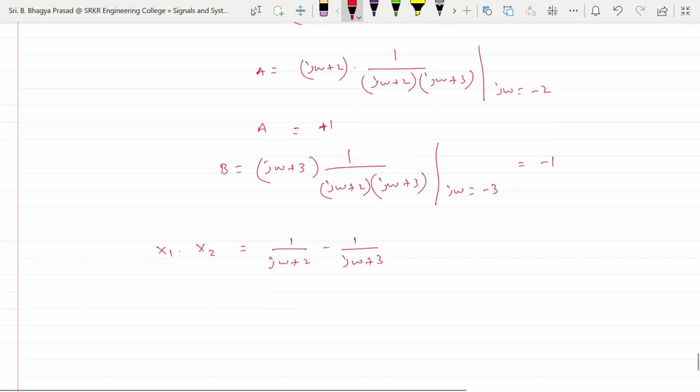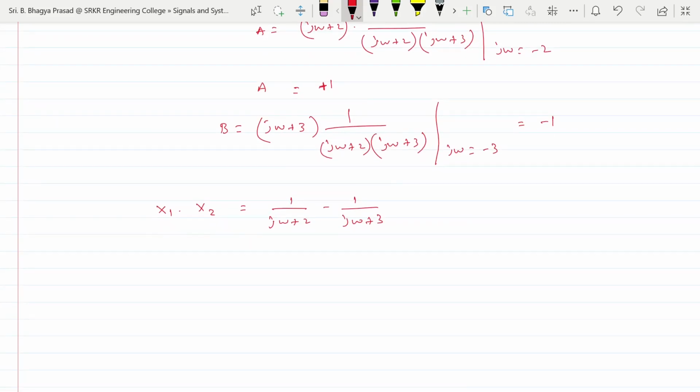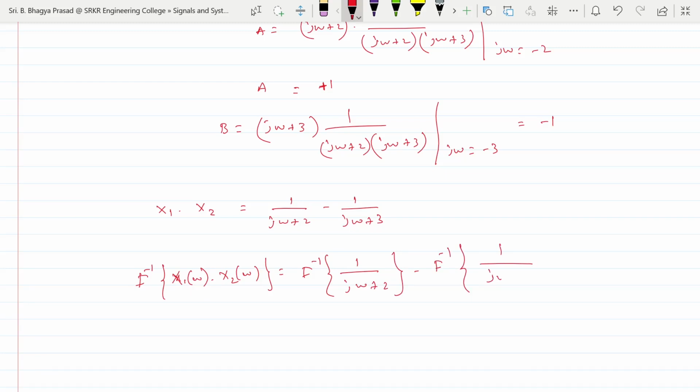Now for getting the time domain, we perform the inverse Fourier transform. The inverse Fourier transform of x1 of omega x2 of omega is the inverse transform of 1 by j omega plus 2 minus the inverse transform of 1 by j omega plus 3.